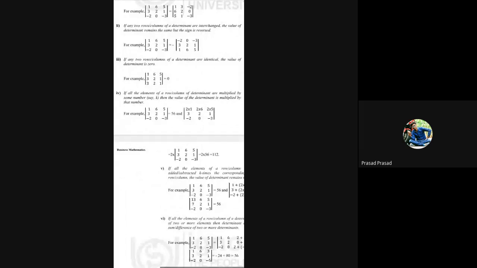Suppose here is one determinant, and after simplification the answer is 56. If that same determinant has its first row multiplied by 2, then the answer will be 56 into 2, multiplied by that constant.